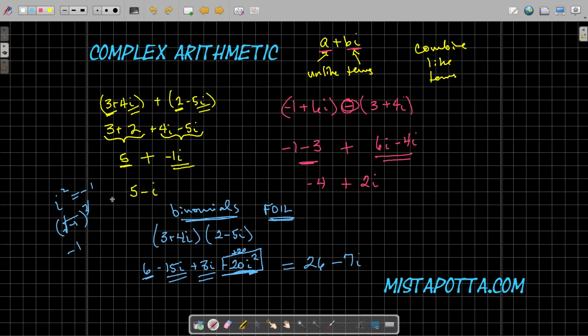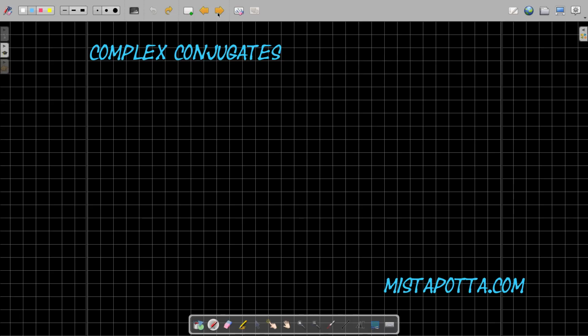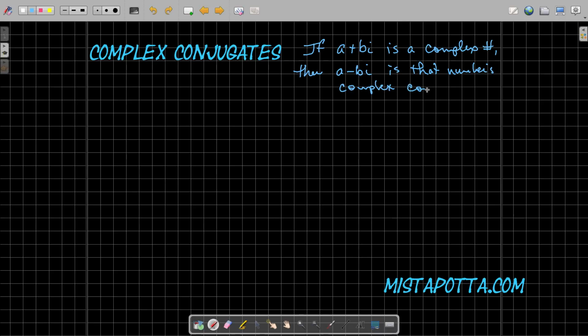Of course, division is the part that makes things really difficult. And in order to understand division, I need to talk about the idea of a complex conjugate. The idea of a complex conjugate is that if a plus bi is a complex number, then a minus bi is that number's complex conjugate.